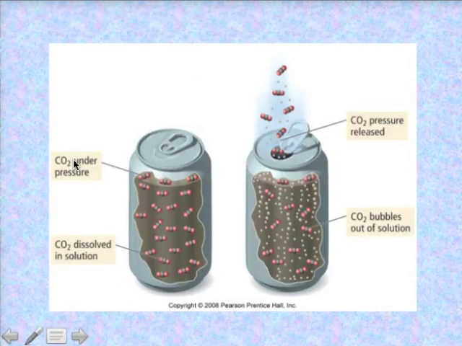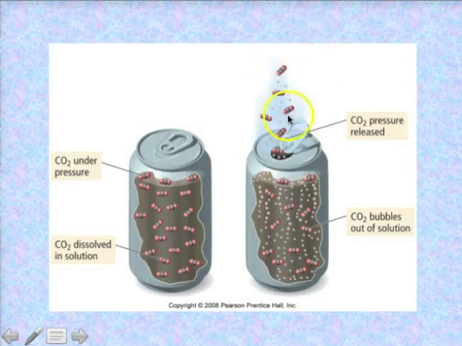And I want to say a quick word about gas solubility. You know, when you open pop, it fizzes and the carbon dioxide is allowed to escape. It is locked in the solution under pressure. And when we release the pressure, it comes out of the solution.